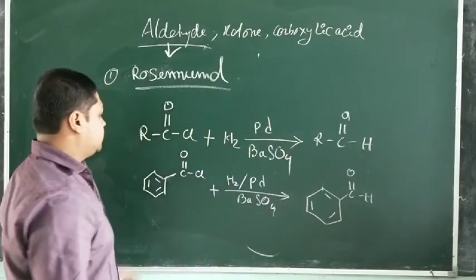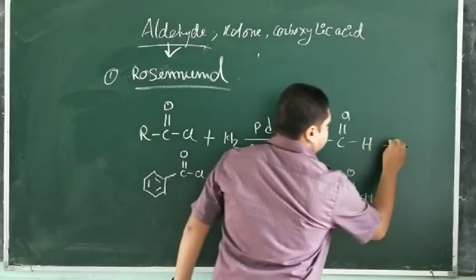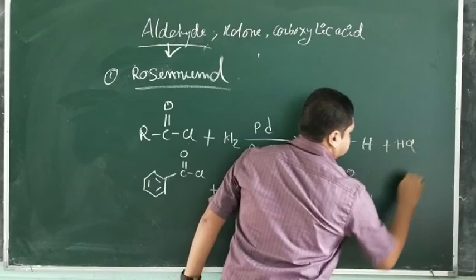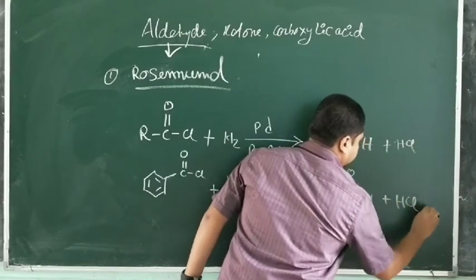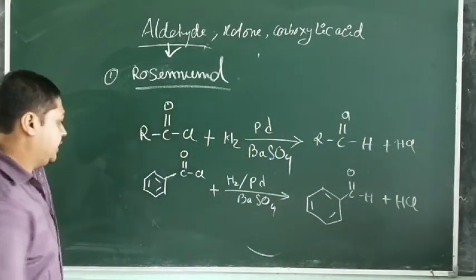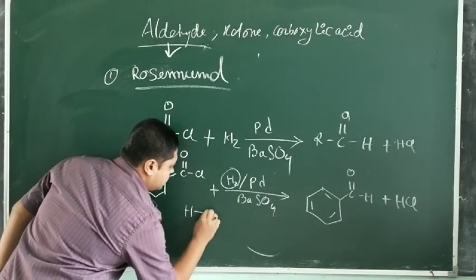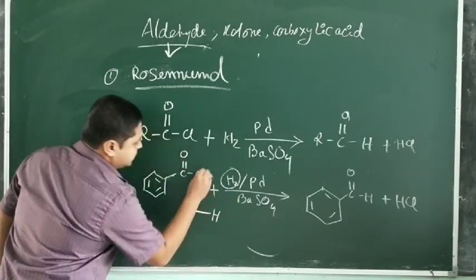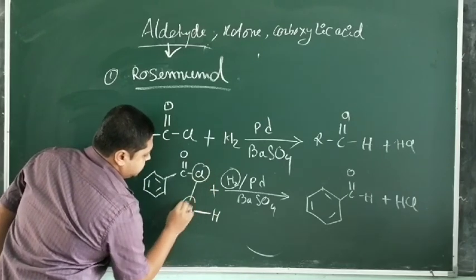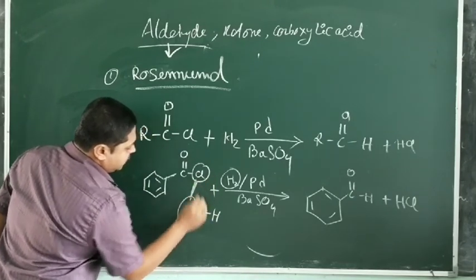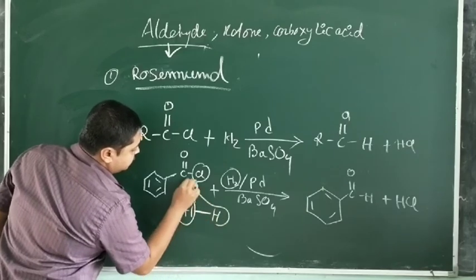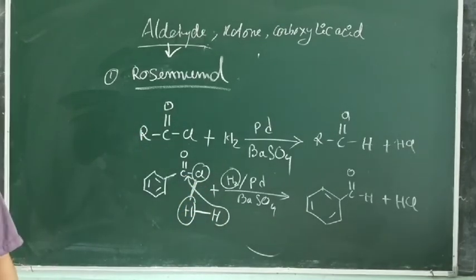HCl. In the other example, the side product is also HCl. See this H2 hydrogen molecule: one Cl atom and one hydrogen atom are replaced. This is the side product, and this hydrogen atom is introduced to this carbon.